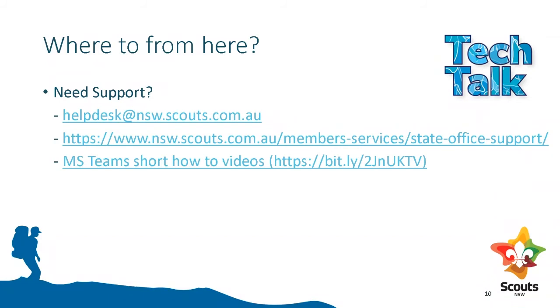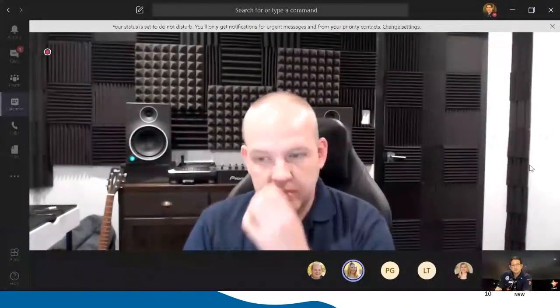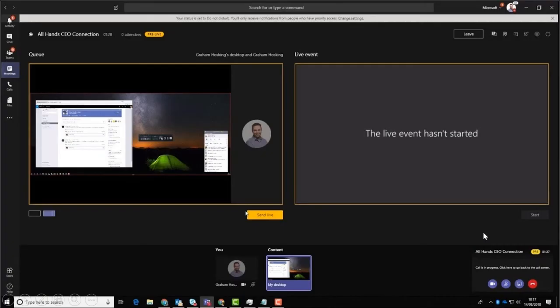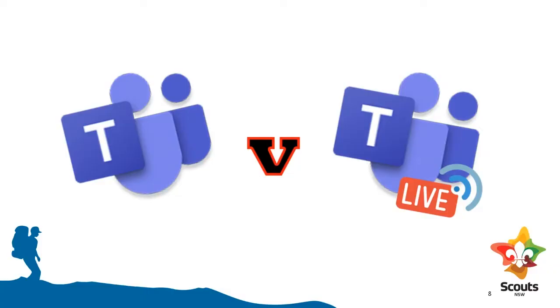Do we have any other questions from the panelists? Yes, there was a question about what scenario might we as leaders use a live event as opposed to a Teams meeting? Yeah, sure. So if you think about a Teams meeting, everybody is able to interact. With your Microsoft Teams meeting, you can have, at the moment, up to 9 video feeds.